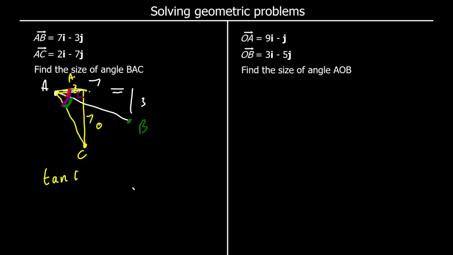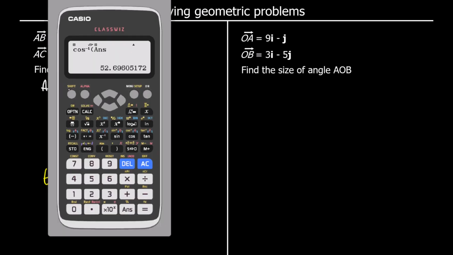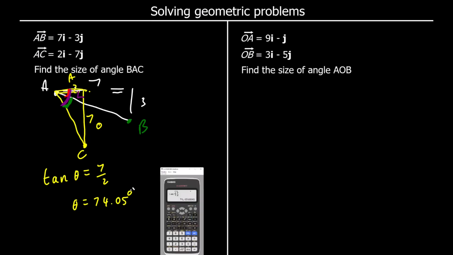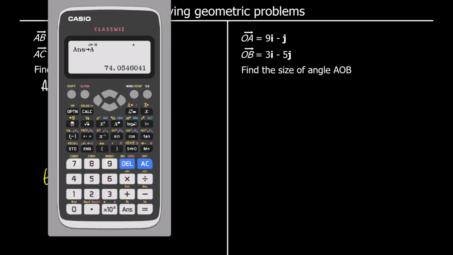Tan theta is TOA. So tan theta is 7/2. Shift tan 7/2, 74.05. And I'll store that as A.